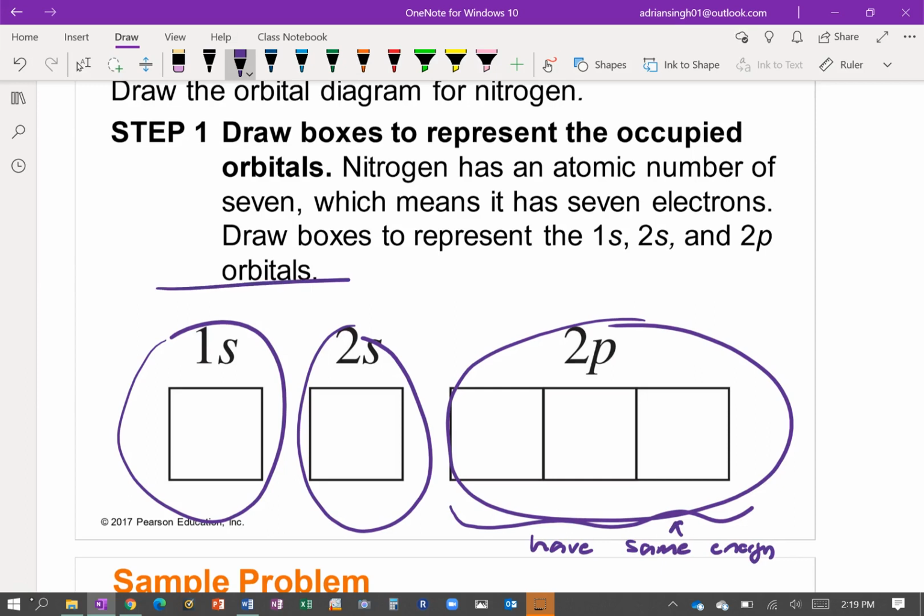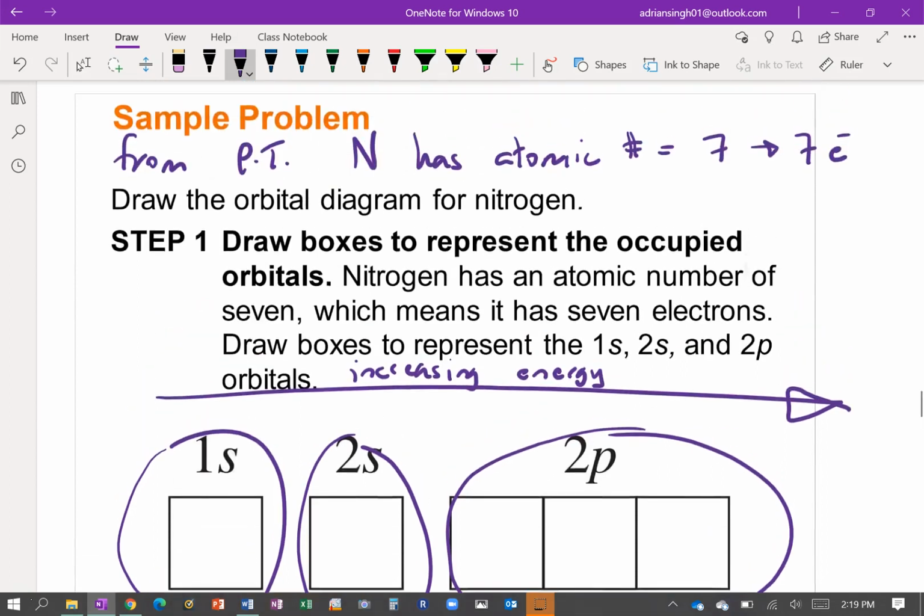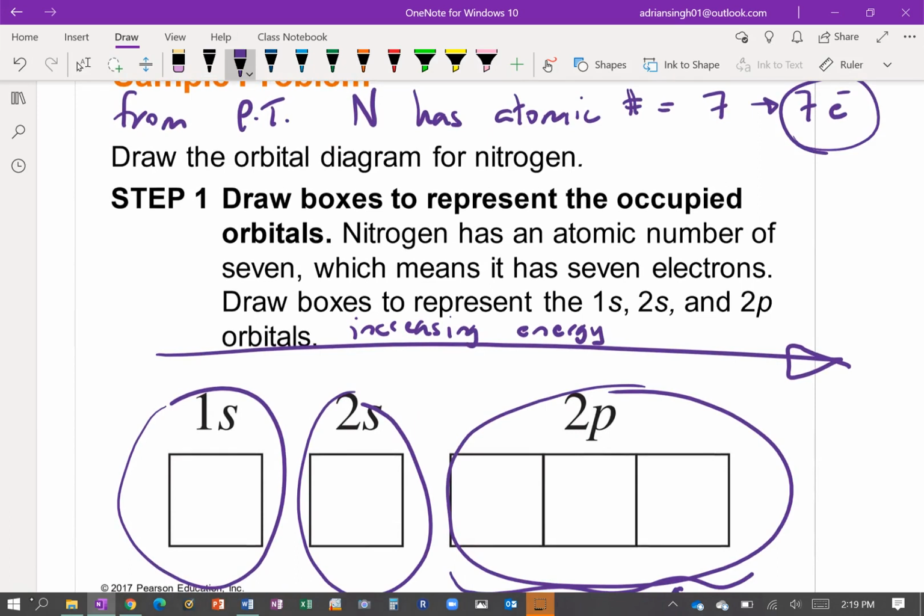Going from left to right, generally we're going to be increasing energy, and we fill in the orbitals starting with the lowest energy first. So we have 7 electrons to account for. The first electron goes into 1s, second electron pairs up, pointing opposite direction.